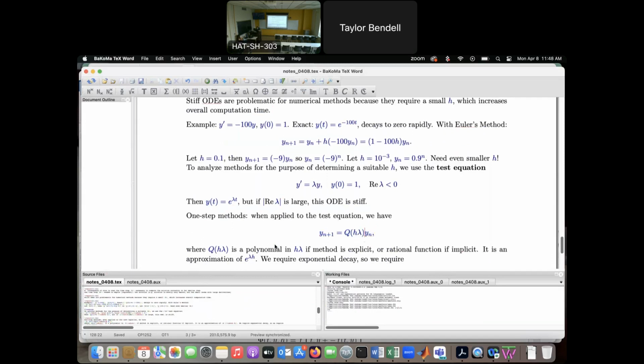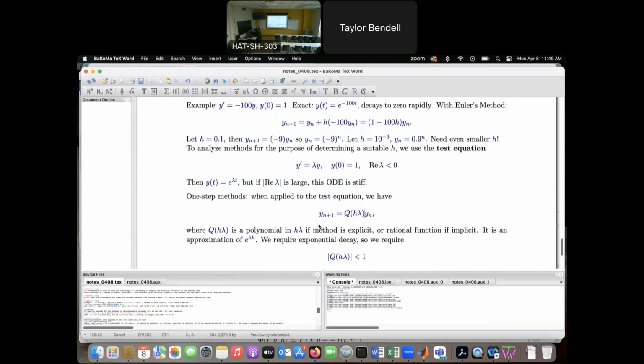It's a polynomial if the method is explicit, like Euler's method, or if it's an implicit method, then this is a rational function of h lambda. Either way, it's supposed to be an approximation of e to the h lambda, which is what you multiply by to produce the exact solution. So we need exponential decay. So whatever you're multiplying by, it needs to have absolute value strictly less than 1.